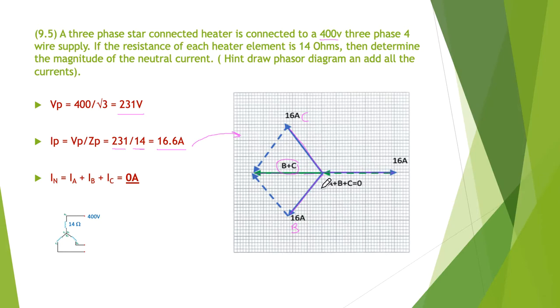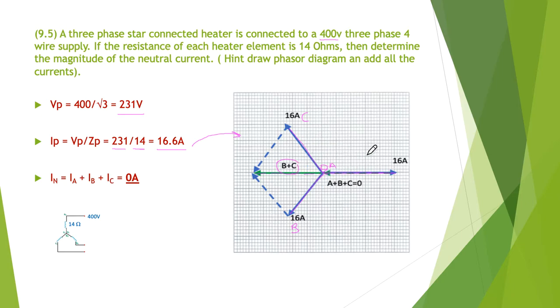And then finally, I simply added the green arrow here by taking it top to tail, and it brought me straight back to this point here, which is 0 amps.